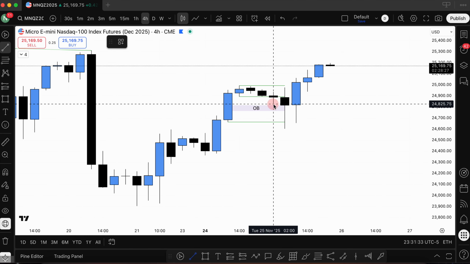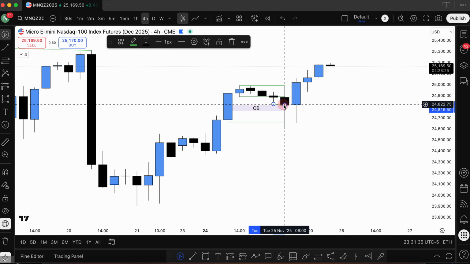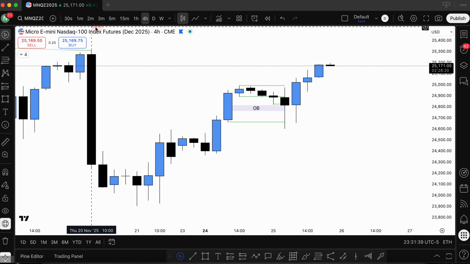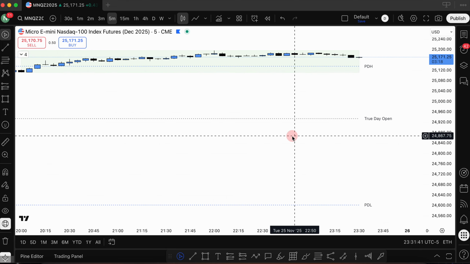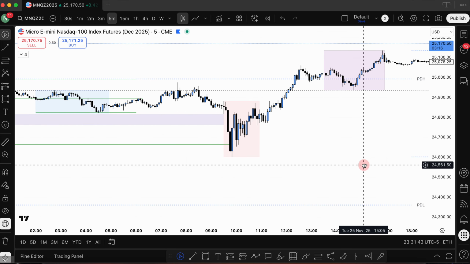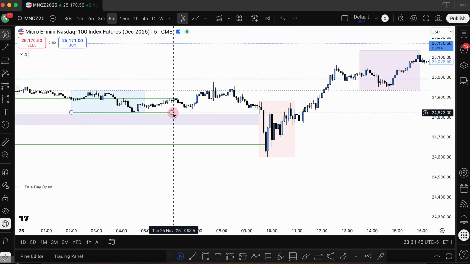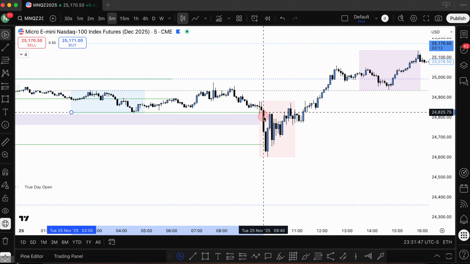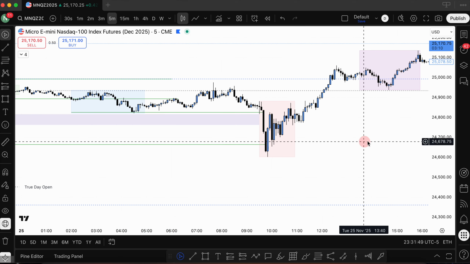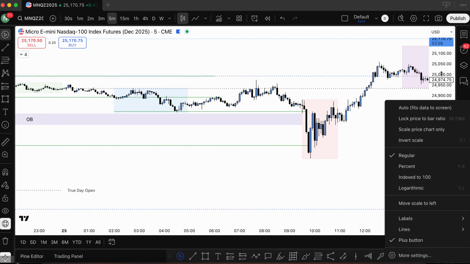I believe this was the other H4 candle I was looking at pre-market. So if we go back down here, yeah, pretty sure it was this one, just below. And as we could see, New York opened.